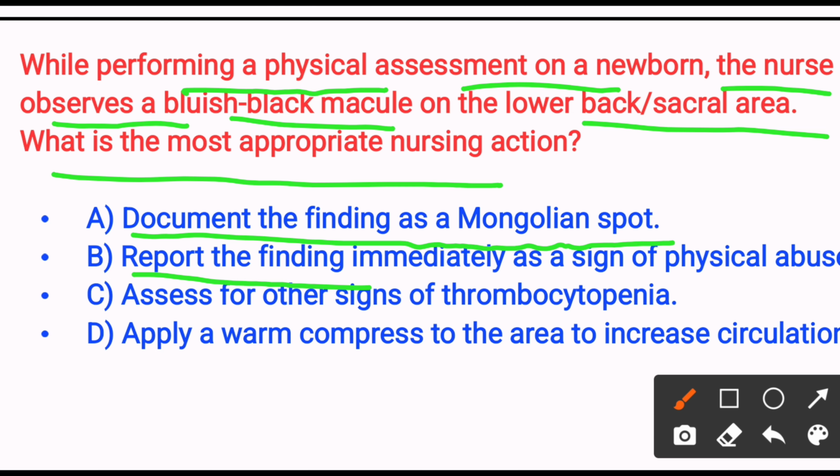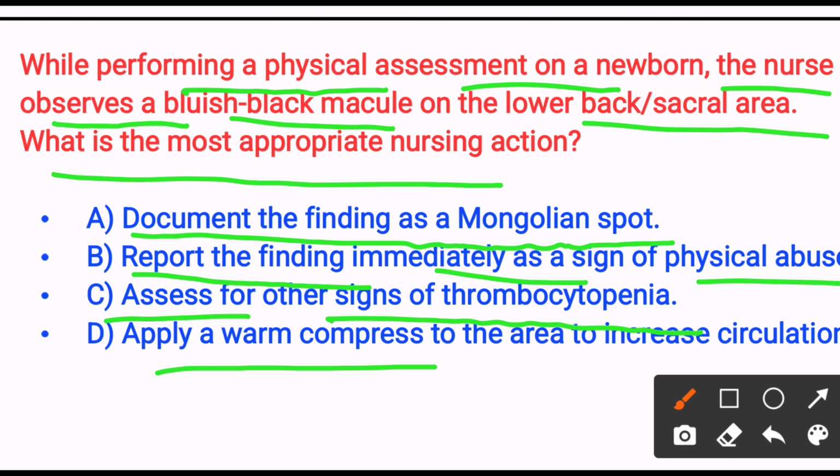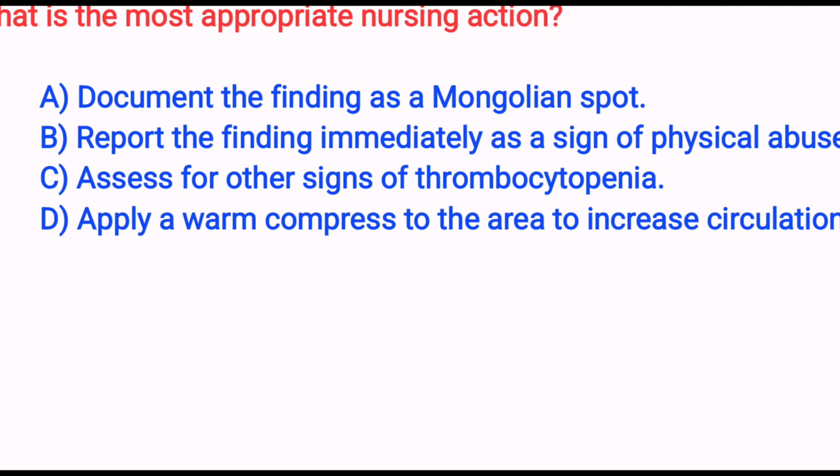Option B, report the finding immediately as a sign of physical abuse. Option C, assess for other signs of thrombocytopenia. Option D, apply a warm compress to the area to increase circulation. The answer will be option A, document the finding as a Mongolian spot.